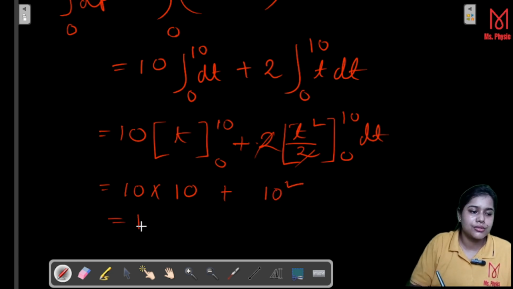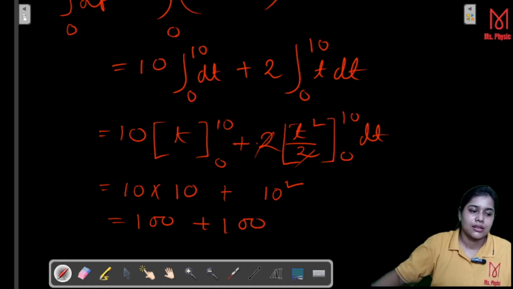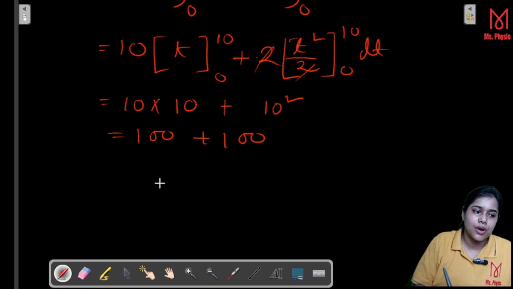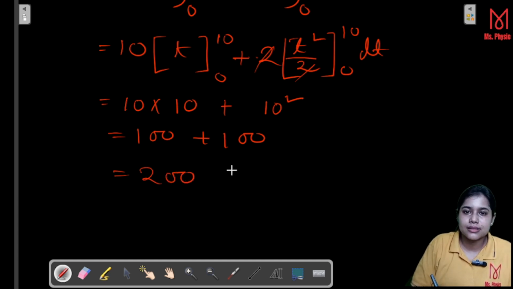So is equal to 100 plus 100 gives you 200. And the unit of momentum means your mass into your velocity. So mass means kg, velocity means meter per second. So this is the answer.